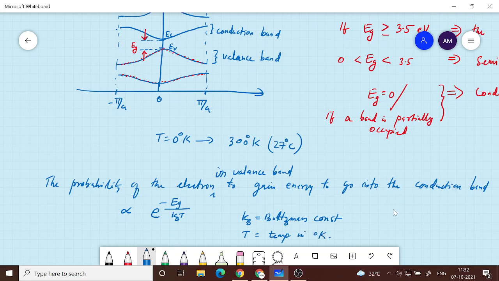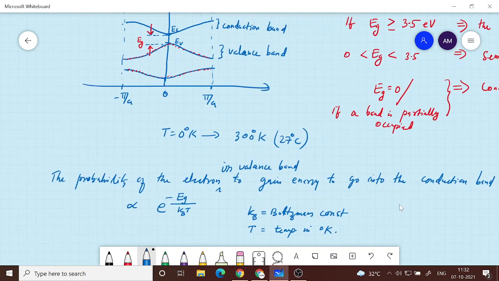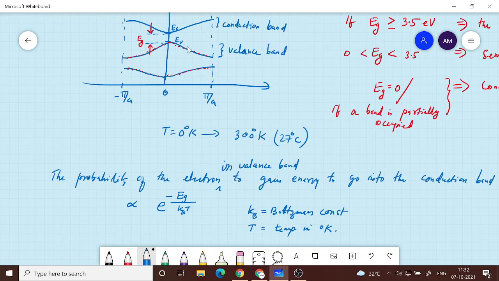So the probability of an electron getting the energy to go from the valence band to the conduction band is proportional to the exponential e raised to minus EG by kBT.